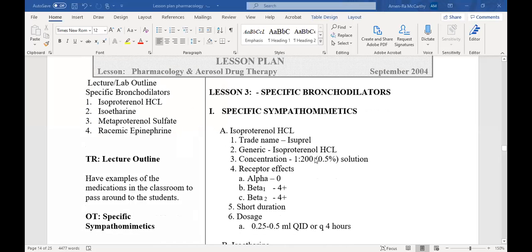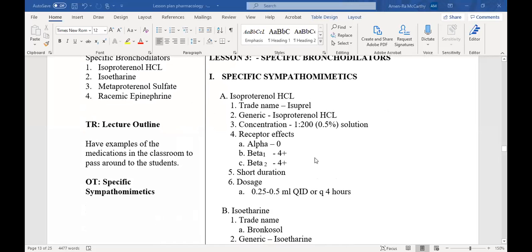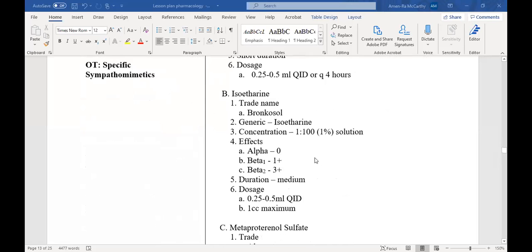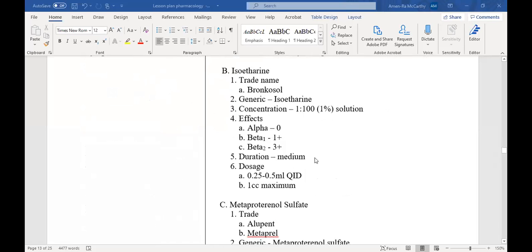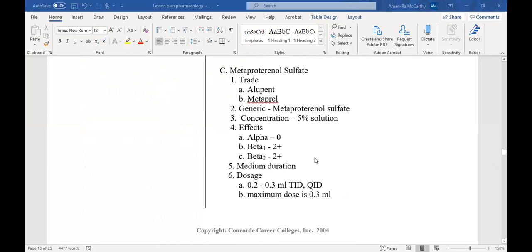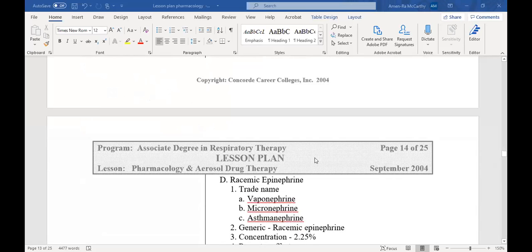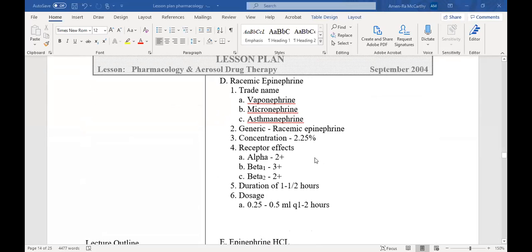All right, so as we continue, the other sympathomimetics, we have done isoproterenol, which is Isuprel, isoetharine, which is Bronkosol. We talked about metaproterenol sulfate, which is both Alupent and Metaprel. We talked about racemic epinephrine. It is the inhalation epinephrine, okay?